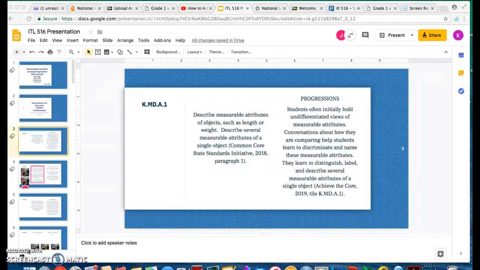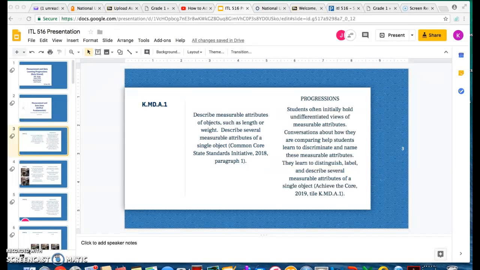He would put the pencil on one side and the blocks on the other side of the scale, and the teacher would say, how many blocks weigh the same as the pencil? If they use fewer blocks, they should be able to understand the concept of the pencil weighing more than the blocks.